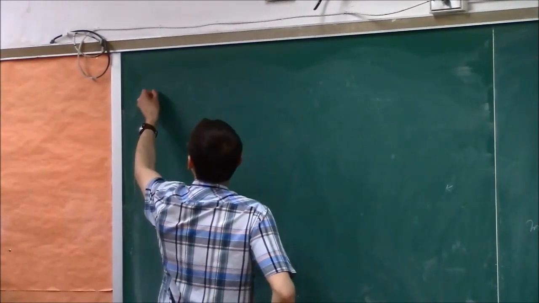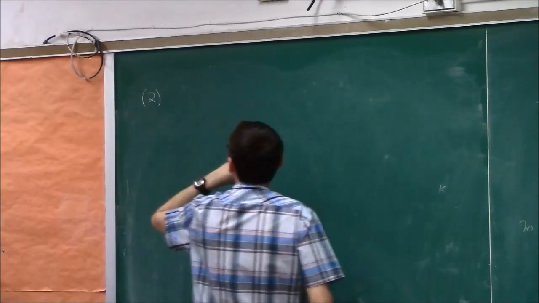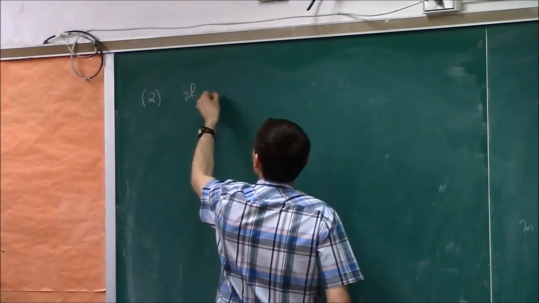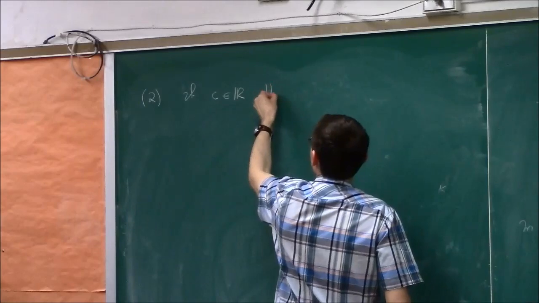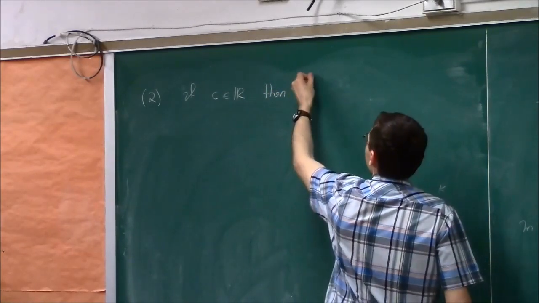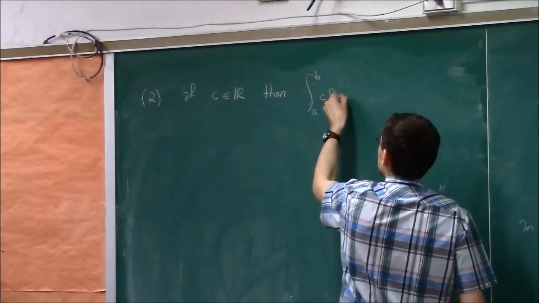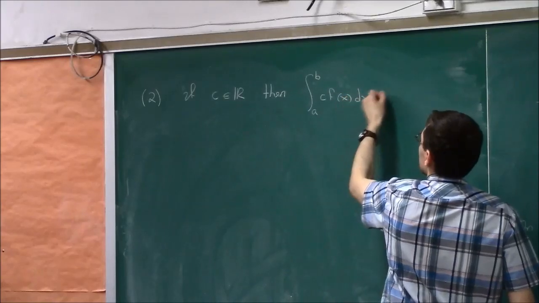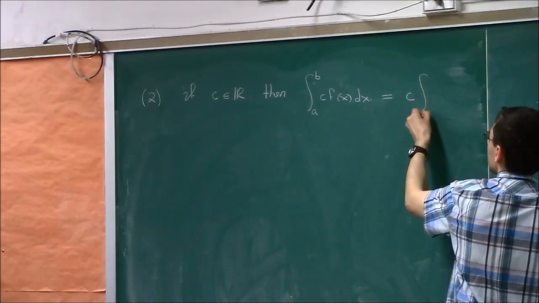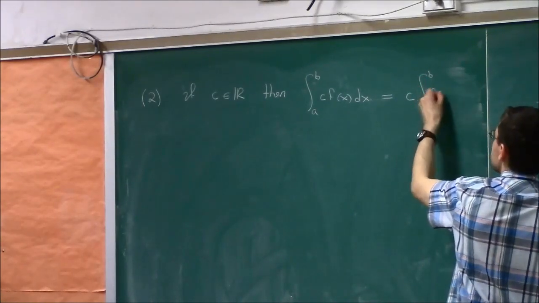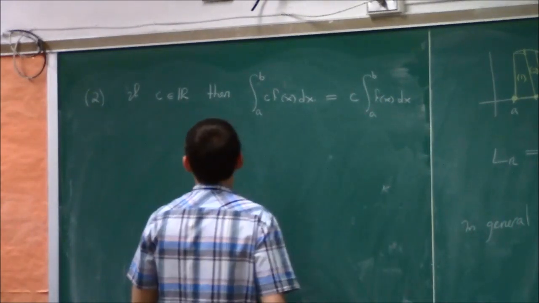So property 2: if C is a real number, then the integral from a to b of C times f of x dx is equal to C times the integral from a to b of f of x dx. Now, why can I do that? The reasoning is very natural.